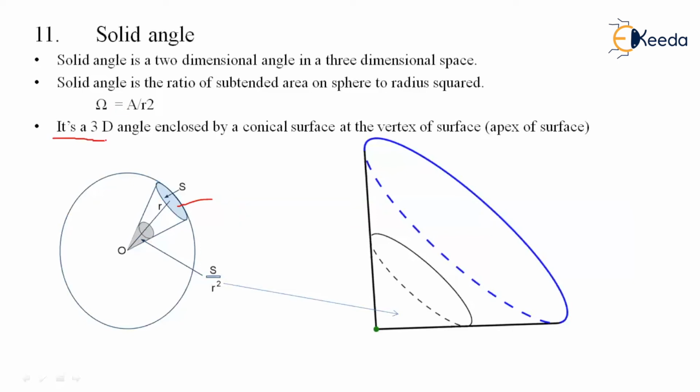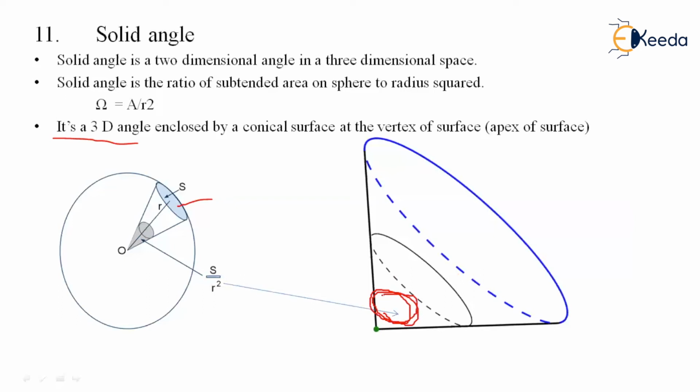In simple language, it's a 3D angle enclosed by a conical surface at the vertex, that is the apex of the surface. So this is what we are talking about, this three-dimensional thing.